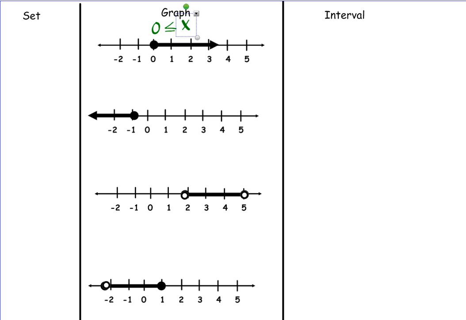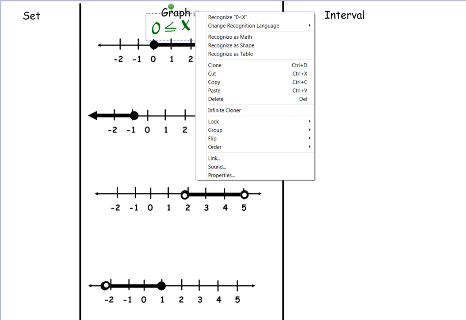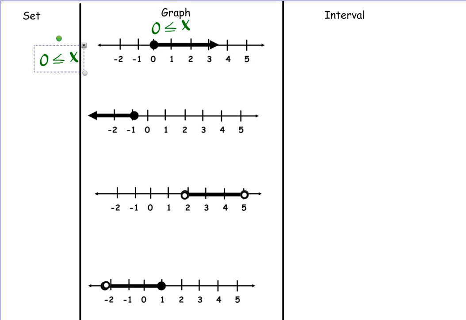Grab this, clone it, and I'm going to slide it over here. So there's my set notation. Now my interval notation. Interval notation says I have 0 and I have a bracket. And instead of having the letter X, I'm going to go on forever.